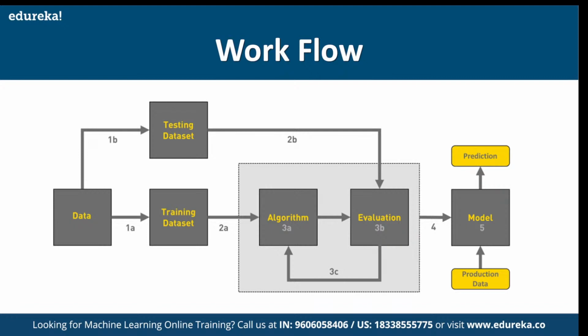In this particular case, it will be a classification problem, since the target variable is categorical in nature. I build my algorithm, then I'll evaluate it on my testing data set. I'll check the results of evaluating the algorithm. If it is fine, then I'll move ahead. Otherwise, I'll try out a different algorithm.